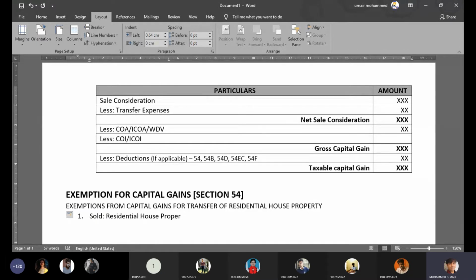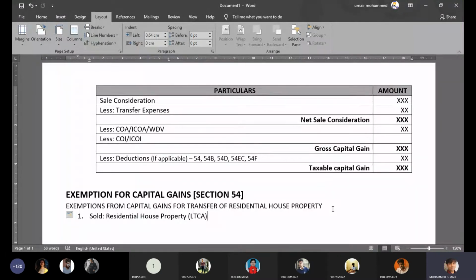And very important, the asset that is sold, residential house property, should be a long-term capital asset. If it is a short-term capital asset, then the assessee cannot claim deduction under section 54. It has to be a long-term capital asset. Now, what is a house property? House property is an appreciating asset. It is an immovable property, and the holding period for immovable property is 24 months.